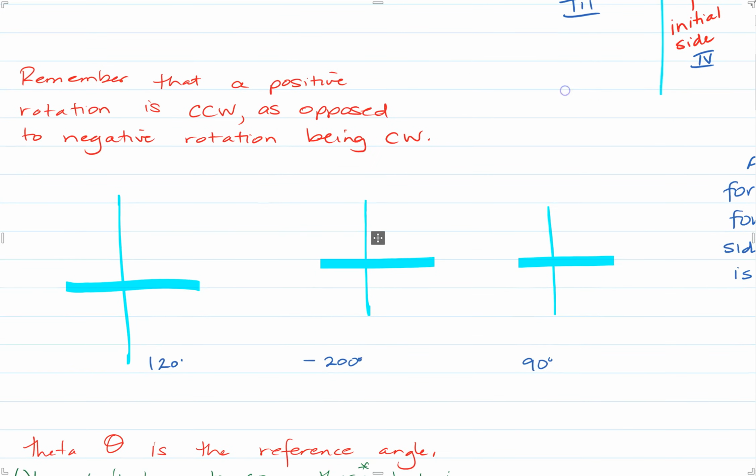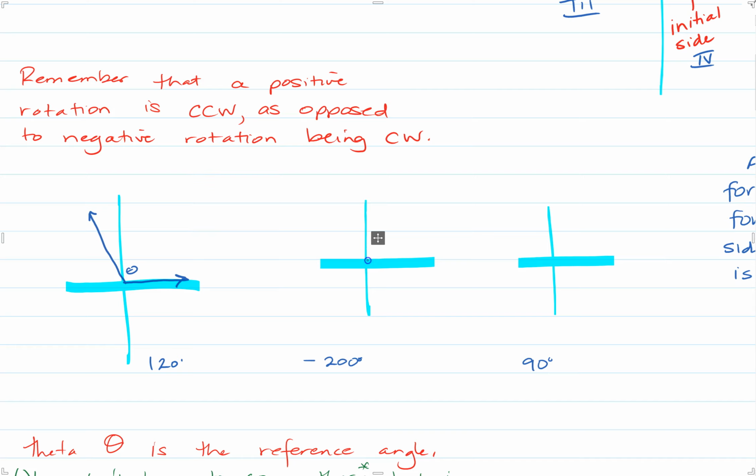If it's a positive angle, let's say you have 120, the initial side will be here, and of course 120 is 90 plus 30 more, and the terminal side will be there. So this is considered a positive 120, as opposed to a negative 200. If it's negative 200, it's not going counterclockwise, it is going clockwise.